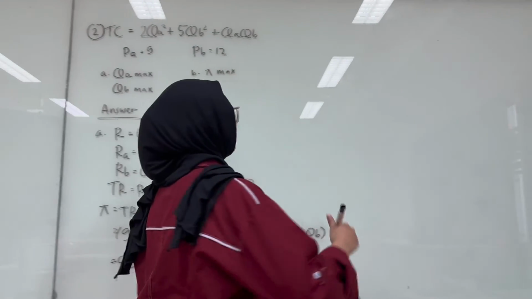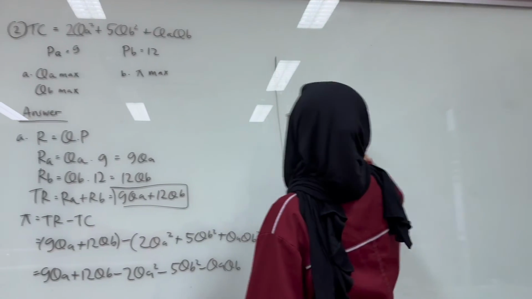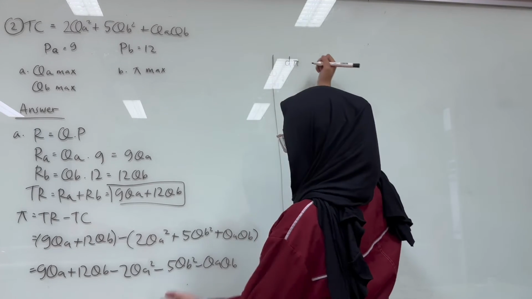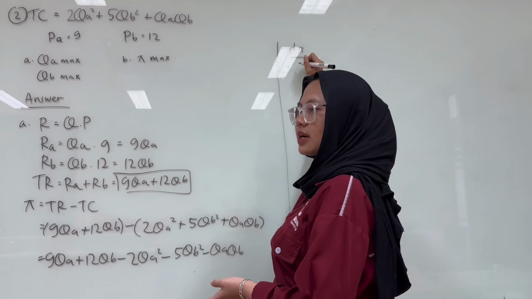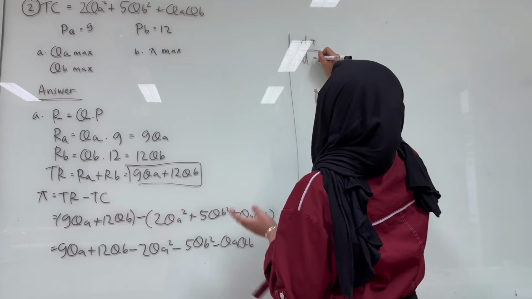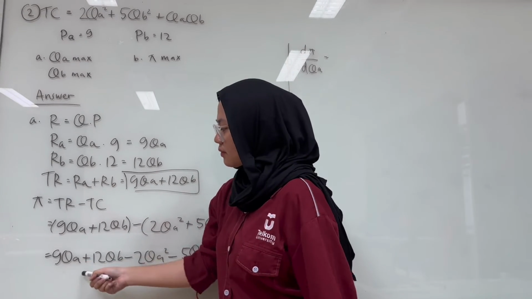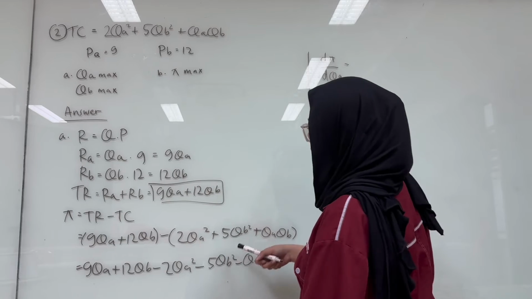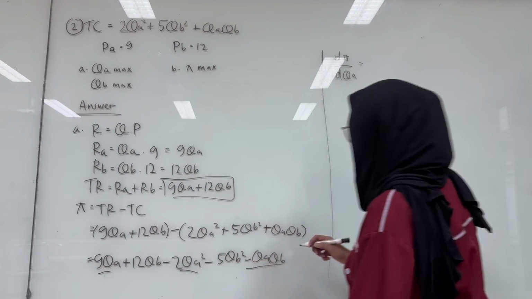And the next step, we derive the function. From this function, we look for the derivative with respect to quantity A. So we just look for the terms that contain quantity A, which are just this and this.